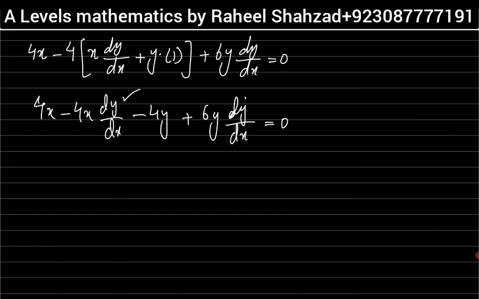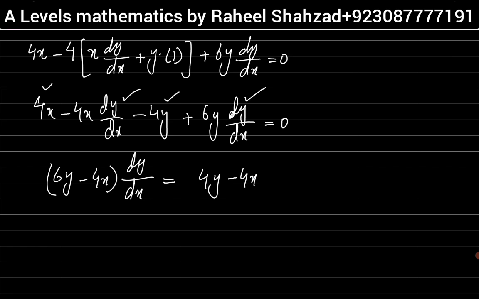And we need to find dy by dx, so it is 6y minus 4x dy by dx is equal to 4y minus 4x. We are going to take 4y and 4x on other side. At the end we have dy by dx is equal to 4y minus 4x divided by 6y minus 4x.